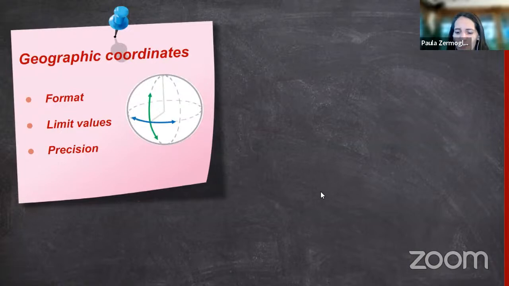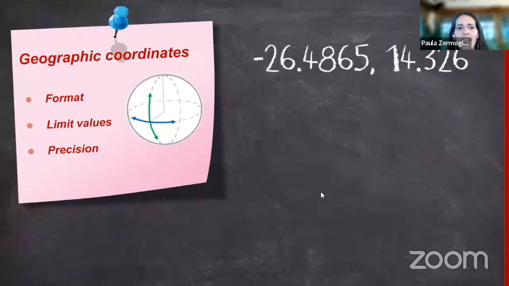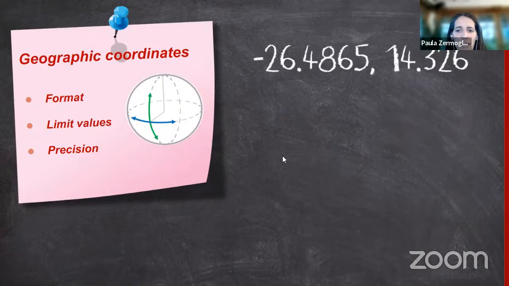So what I'm going to give you here is a particular pair of coordinates. And I'm going to ask you to provide me with the format and the precision of these coordinates. You can either write it here on the chalkboard if you want, or you can say it, or you can write it on the chat.